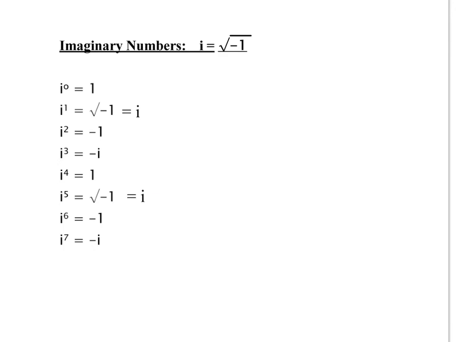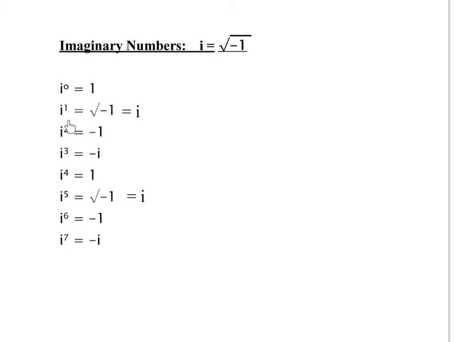The imaginary numbers, by definition, i is equal to the square root of negative 1. Any number raised to the 0 is 1, so i to the 0 is positive 1. i to the first is the square root of negative 1, which is equal to i, of course.